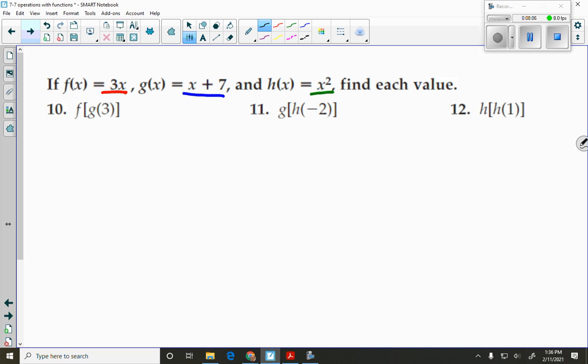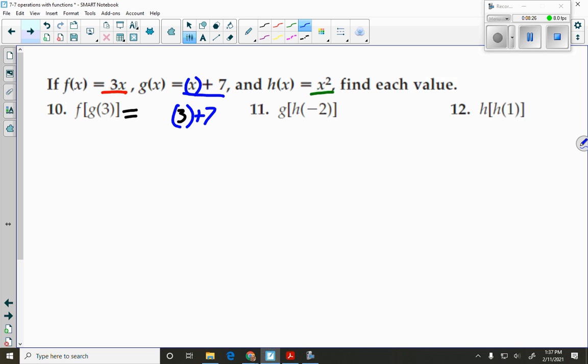So I can write this, and this is basically saying that inside the g of x, I want a 3. So I'm going to put a 3 inside which equation first? G of x. G of x is x plus 7. So x plus 7 is going to look like that.